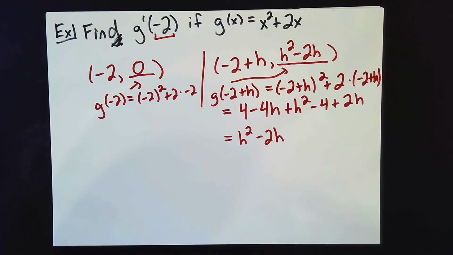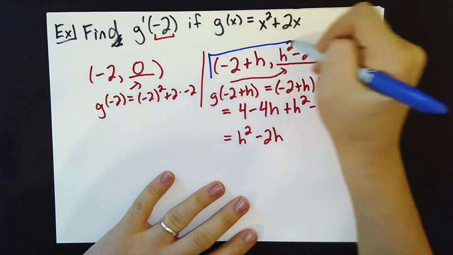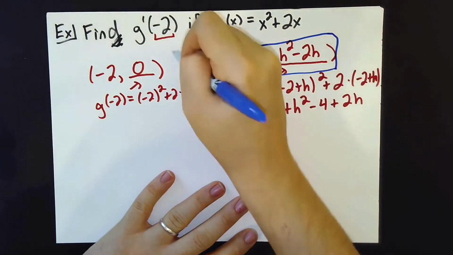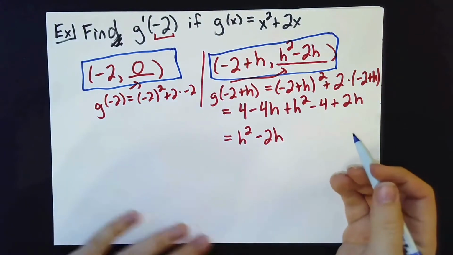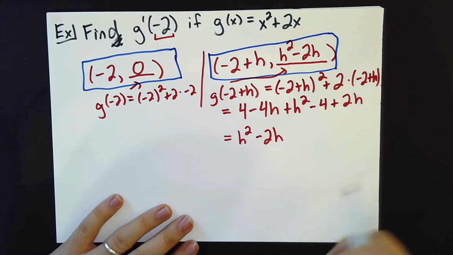So once I have these 2 points, that point, and that point, I can go ahead and I can find my average rate of change.